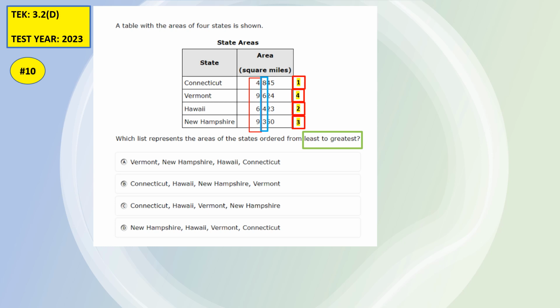So I can get rid of the 2 incorrect answer choices, which would be A and D. Now I'm only focusing on B and C. All right, well, the second state that should be listed is Hawaii. Well, B and C both have Hawaii listed as the second state, so I can't use that. Well, what about the third state? The third state that should be listed is New Hampshire. Well, I'm in luck. Only B has New Hampshire listed as the third state, which means that my correct answer is B.